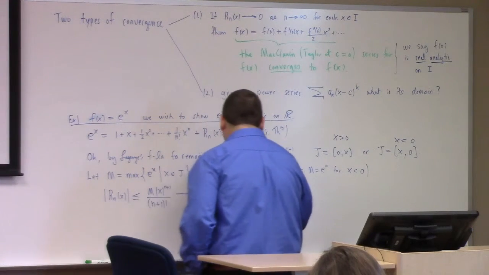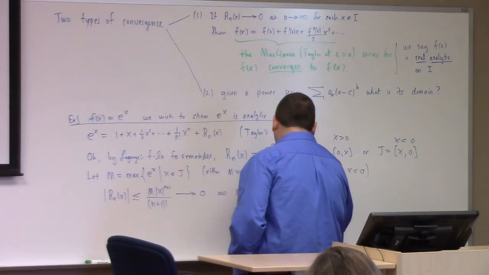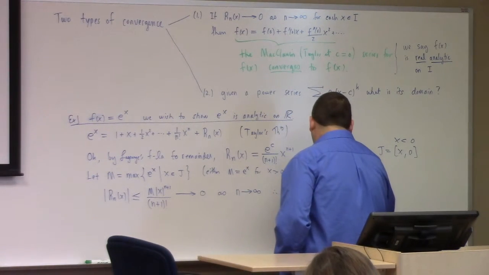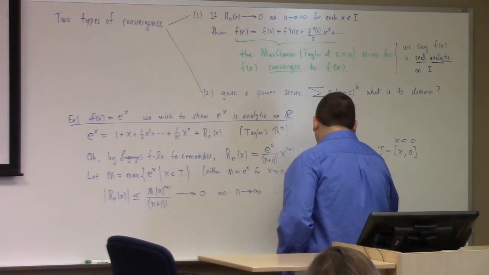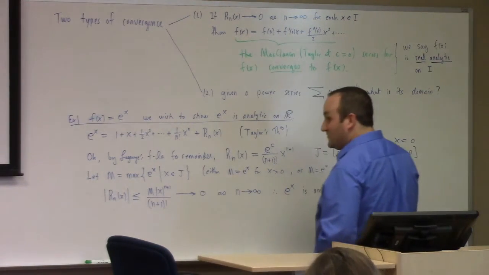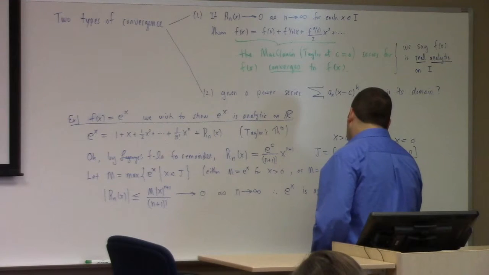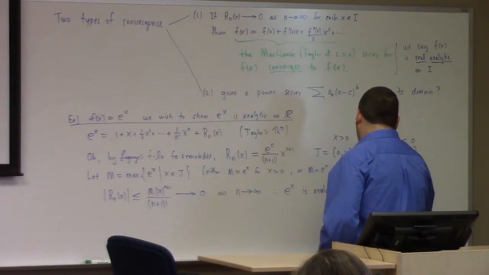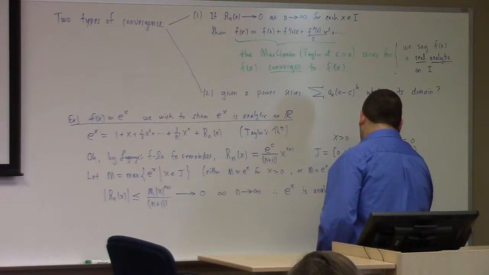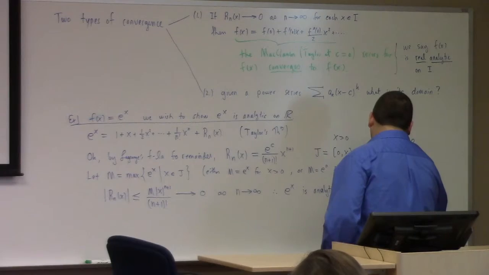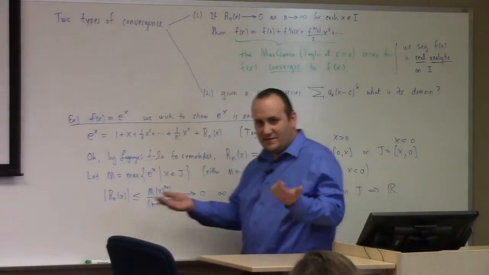as n goes to infinity, which shows, therefore, that e to the x is analytic. It converges to its power series, or rather, its power series converges to it, I should say. e to the x is analytic on 0 to x, well, on J. But this implies analytic on the reals because J was just an arbitrary x.